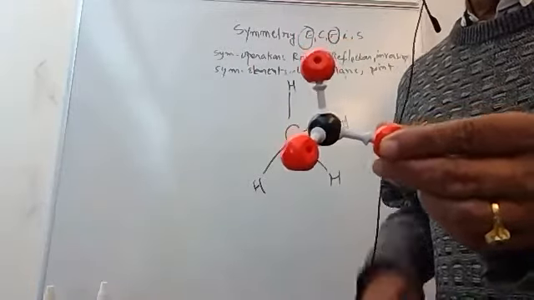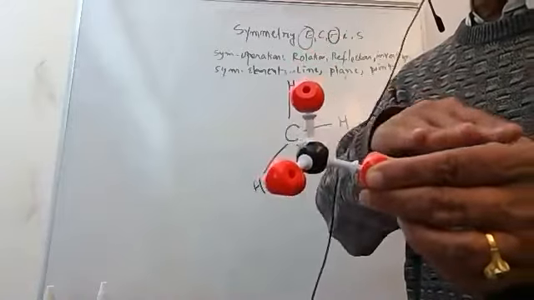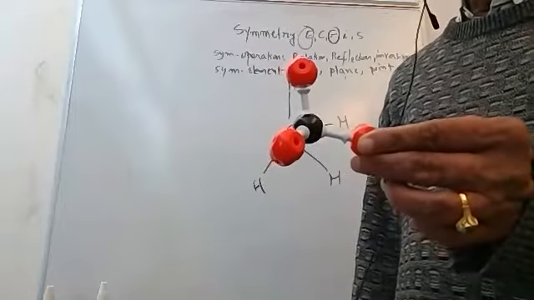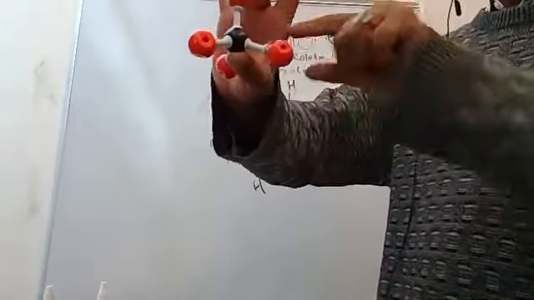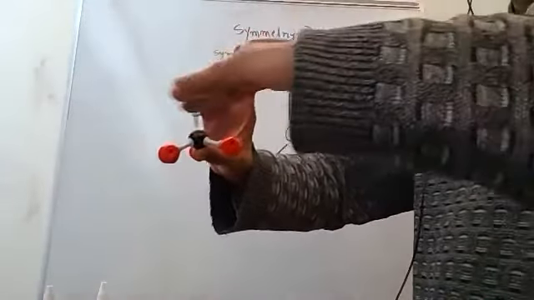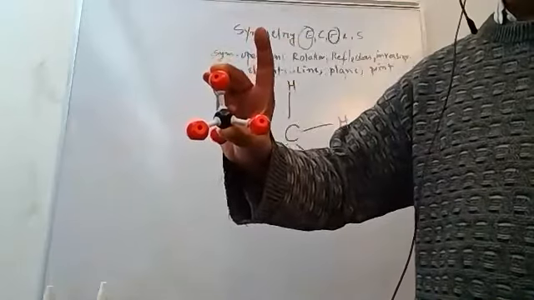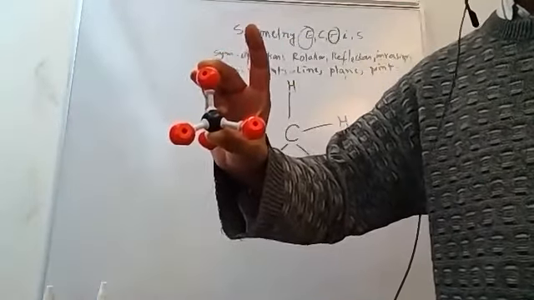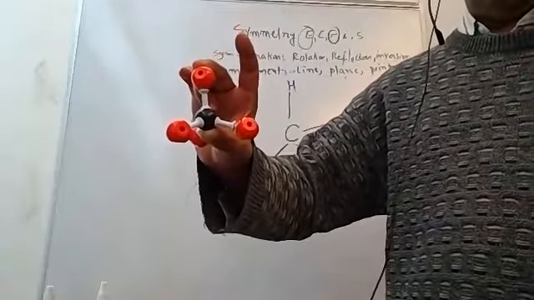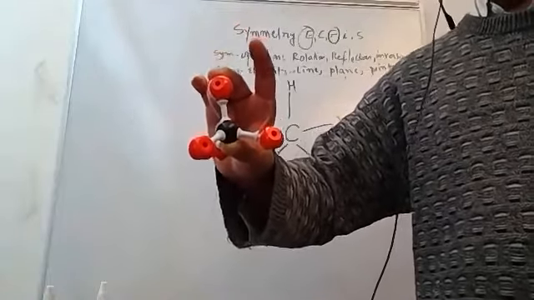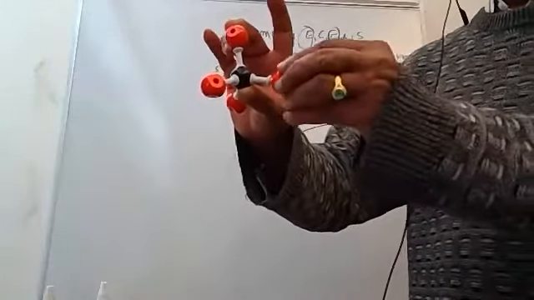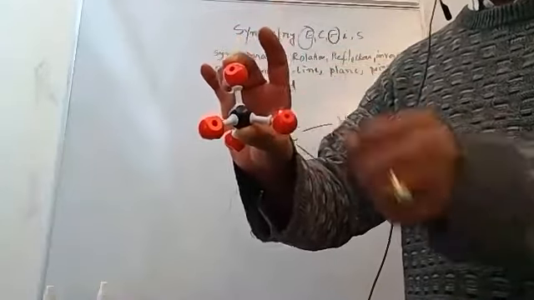C3. Do we have a plane perpendicular to C3 that gives you reflections? C3 is along the CH bond axis, right? If I were to draw a line or plane perpendicular to that line, do I have a reflection plane? No. So it does not have a sigma h. But how about sigma v's? Would you have 3 sigma v's? More.